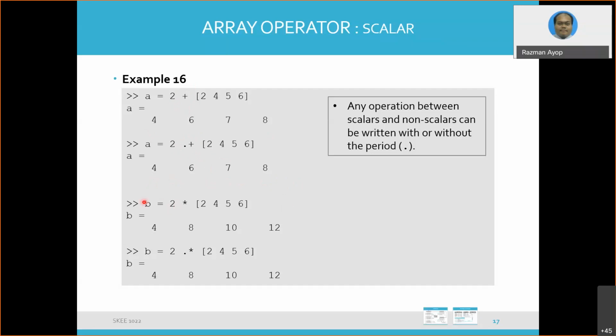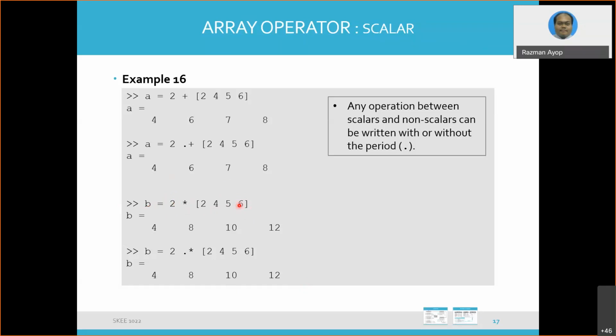For example here b is 2 multiplied by this one. But for this case, this is just a scalar, means that only 1 multiplied by a matrix. The scalar multiplied by matrix, you will also obtain the same answer. But the difference is when you involve matrix with matrix, or matrix with vector.